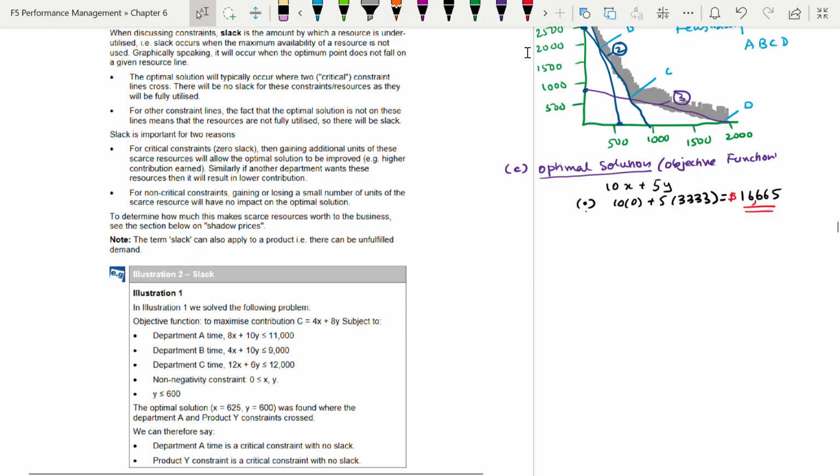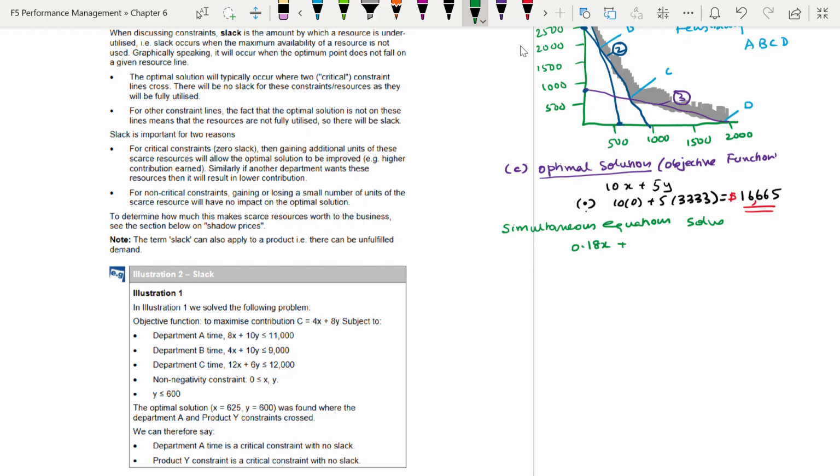We will get the value of x and the value of y.